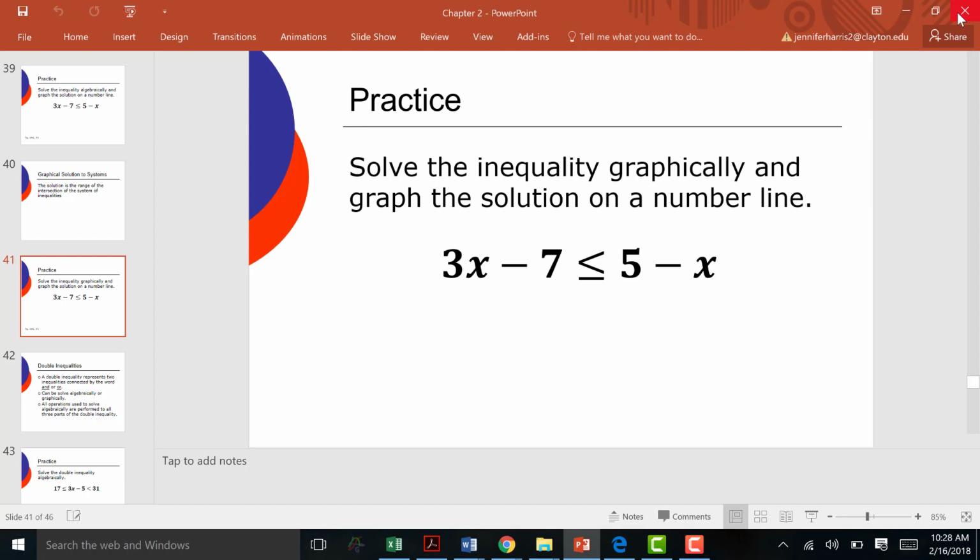If you see an equal sign, that's a closed circle or bracket. As Eric said, the last one is the interval notation. So this is inequality notation, this is graph notation, and this last one is interval notation.